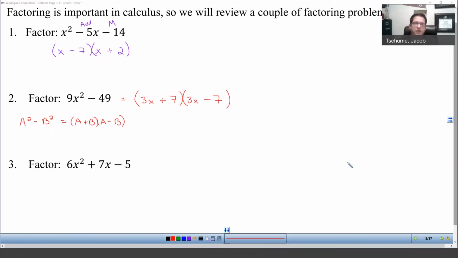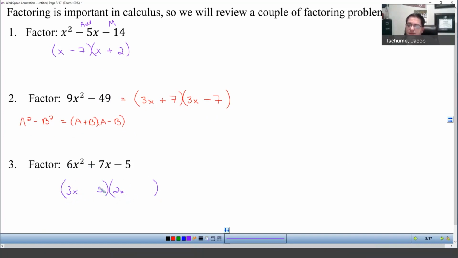And then probably the trickiest of the three is number 3, because being able to factor a trinomial where you have a number in the front is probably more comfortable for some of y'all than others. Some people catch this a lot quicker, but you're going to need to be able to factor a few things that have numbers in the front. Kind of going to the same idea, you can play around with your numbers here. When you factor this, I'm going to try 3x and 2x, because I know that gives me 6x squared. And let's see, 5 and 1.